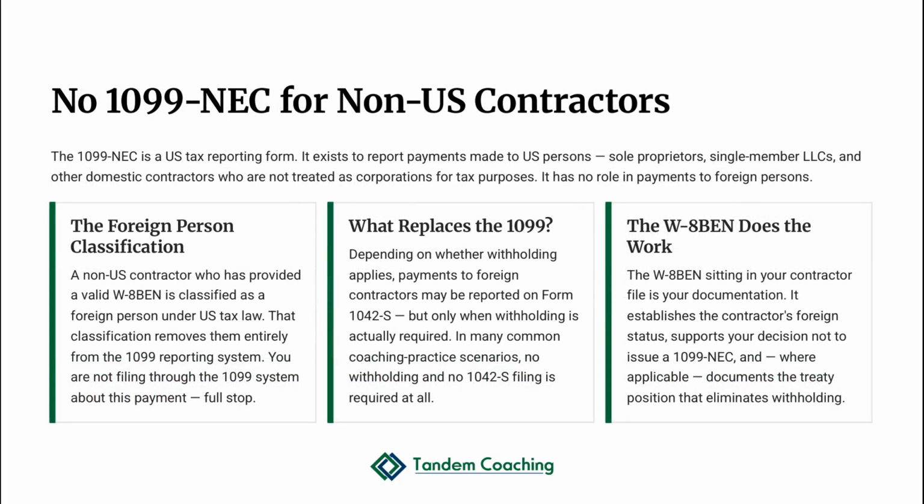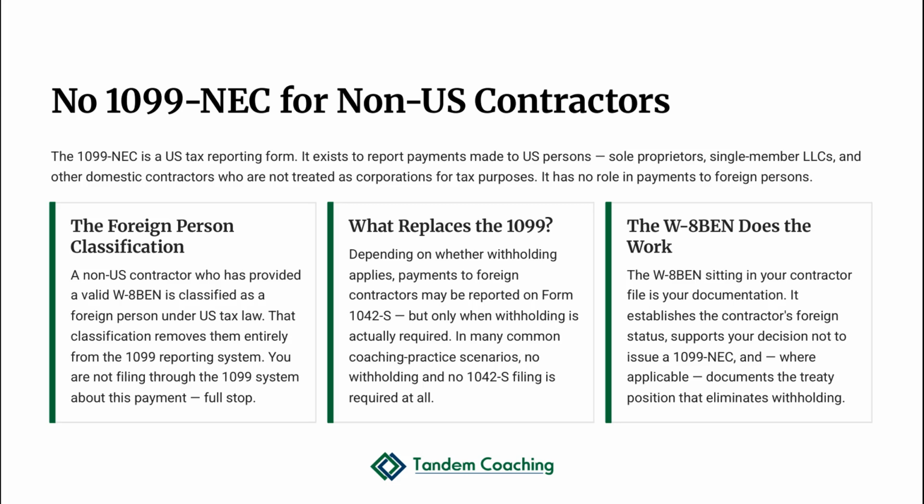The no-1099 NEC rule for foreign contractors is structural, not a paperwork shortcut. The 1099 NEC is a US tax reporting form for payments to US persons. A non-US contractor with a valid W-8BEN on file is, by the definition the form establishes, a foreign person for US tax purposes.